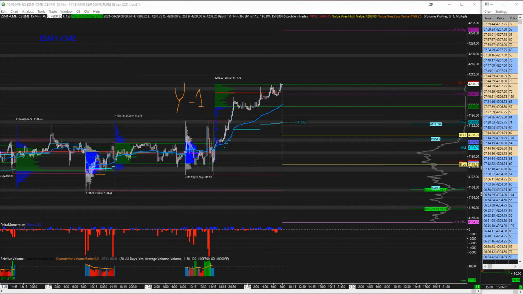Okay, so scenarios for today in blue, scenario 1. The way we are, we're opening right at the high of the range. We're 100% long the overnight inventory.